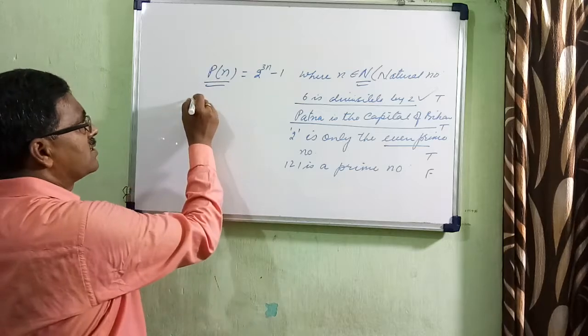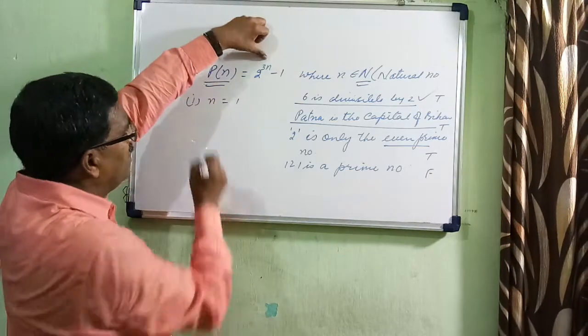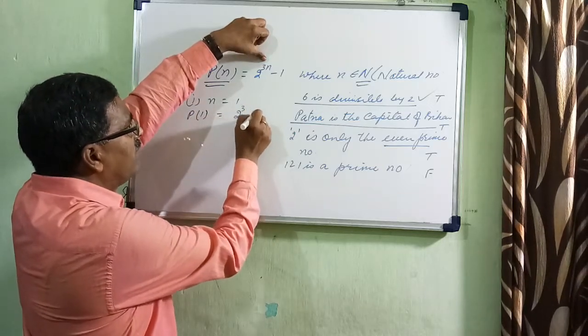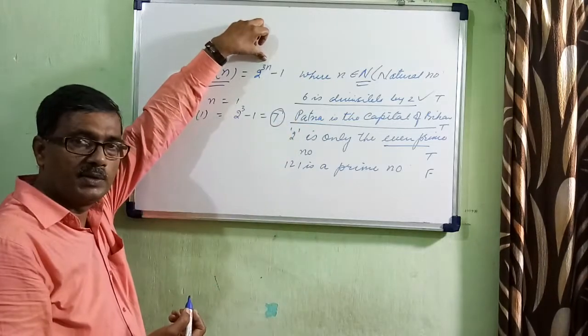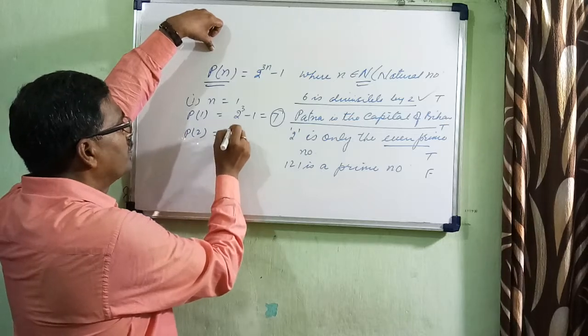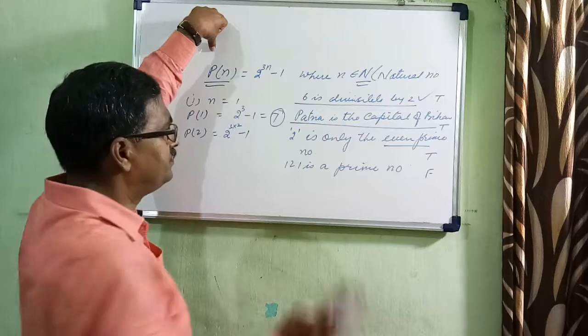Suppose I take first n = 1. Substitute here: P(1) is what? 2^3 - 1 = 7. Is it divisible by 7 or not? Let us take 2. P(2) = 2^(3 into 2) - 1. How much is it?